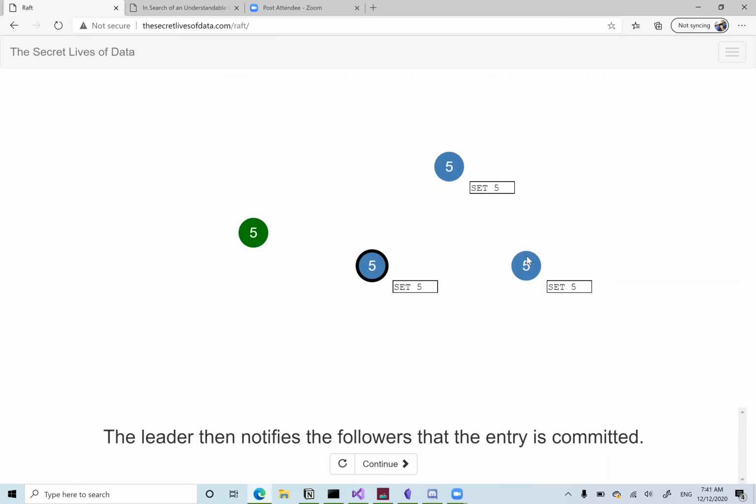So it will commit the value, and this data will be stored by the new leader.